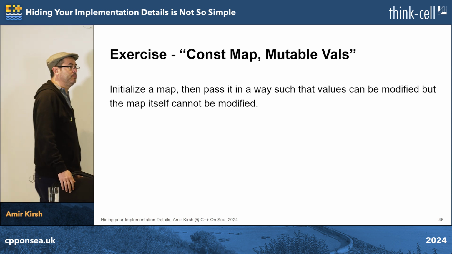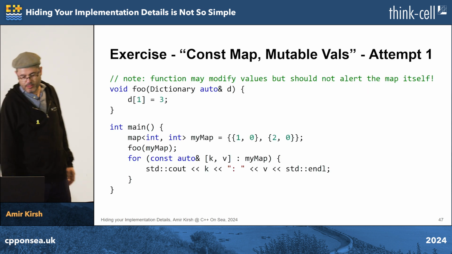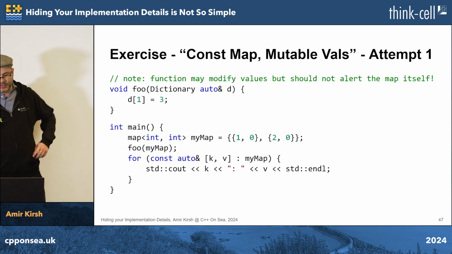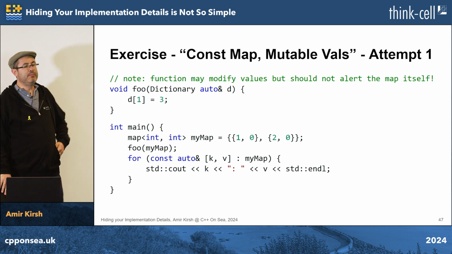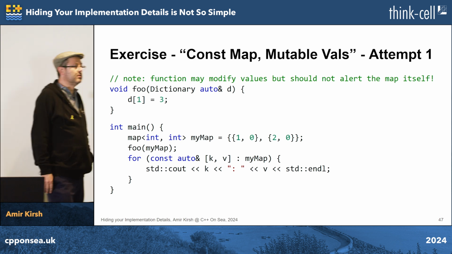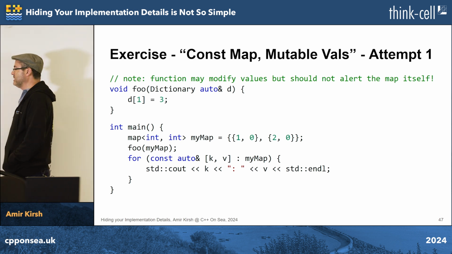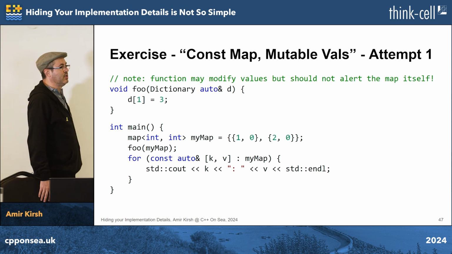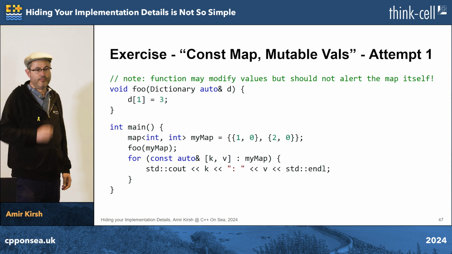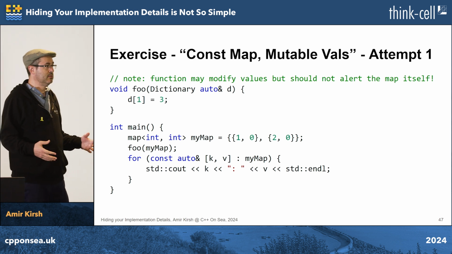What is your proposal for that? What is the suggestion? Okay, let's start with the template one. Let's have a dictionary concept. Let's assume that we created C++20, we created the concept dictionary, and the concept dictionary does not expose the functions that allow modifying the map, only writing into the map, okay?